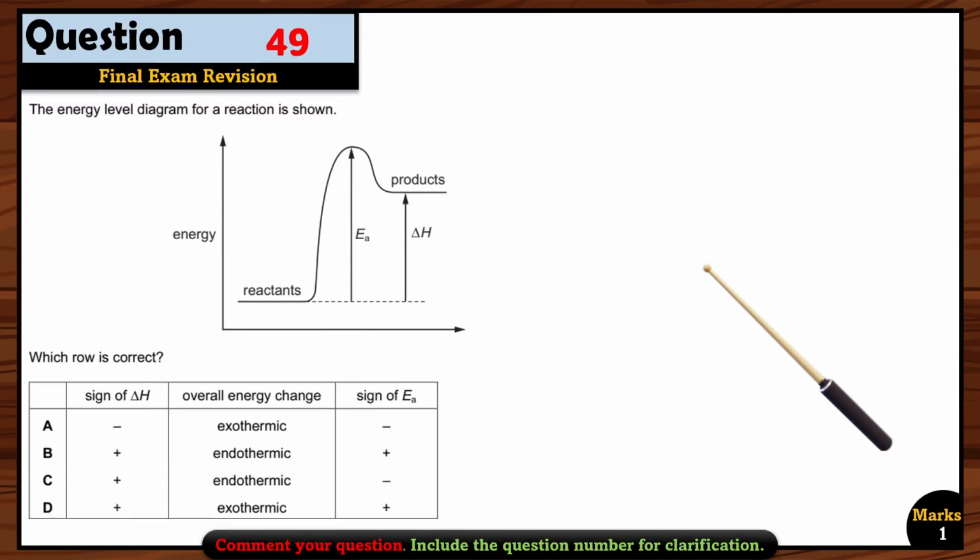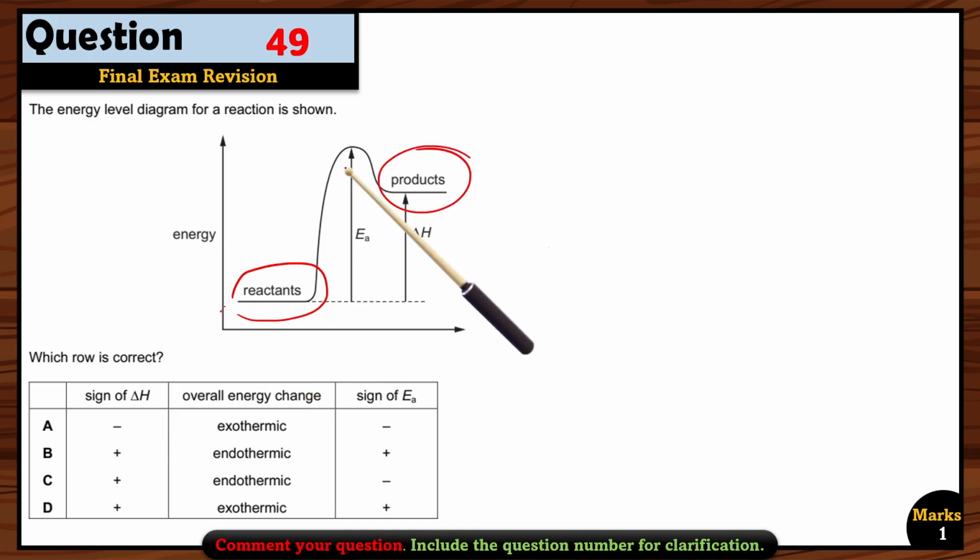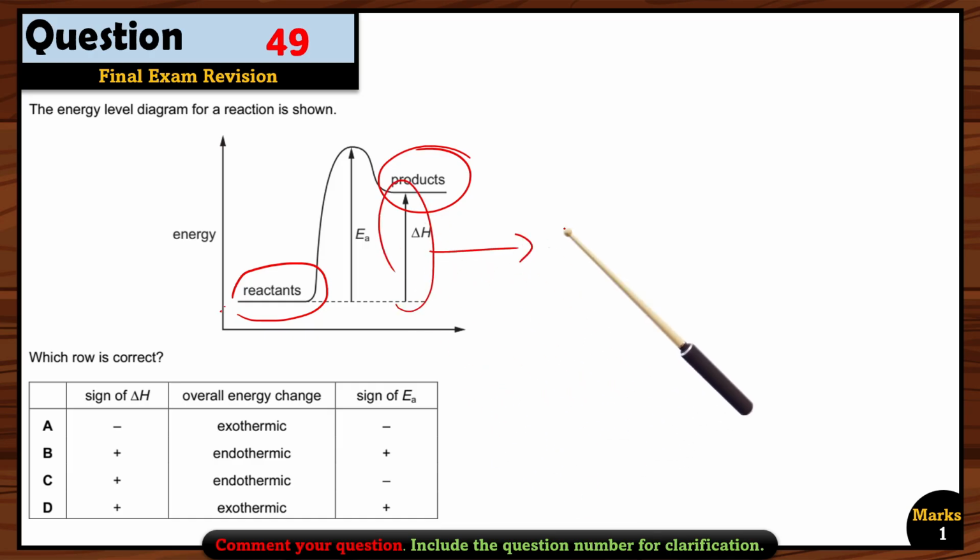Again, let's see this question. The energy level diagram for a reaction is shown. Which row is correct? First of all, let's define this diagram. Is it endothermic diagram or exothermic? If you see, the reactants are below and products are at the top, what does it mean? And if you see, the delta H direction is also upwards, so it means this is an endothermic picture.